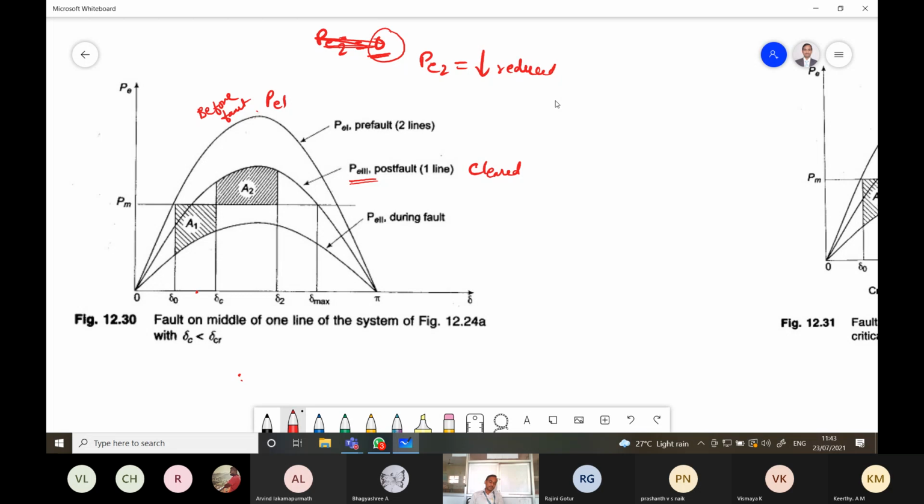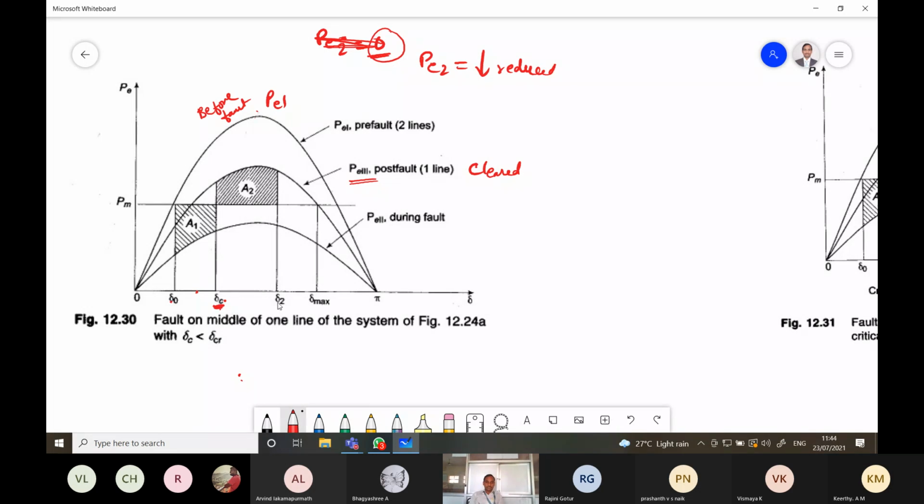Okay, so accelerating area A1 corresponds to the given clearing angle, that is delta C. So this is A1, from delta naught to delta C we get A1, and from delta C to delta 2 we get A2. Suppose you need to clear the fault at delta C itself.